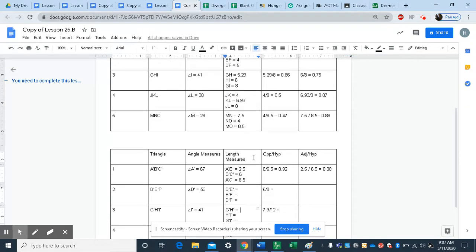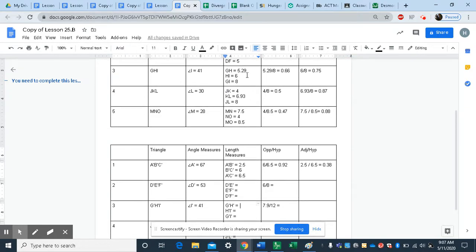So we know that we're going to be using our numbers up here and our numbers down here. For number 3, our opposite over hypotenuse is GH over GI. So that means our opposite over hypotenuse down here is also going to be G prime H prime over G prime I prime. So we're keeping it the same.